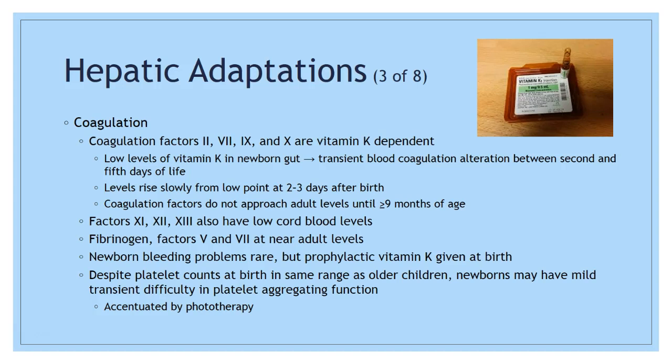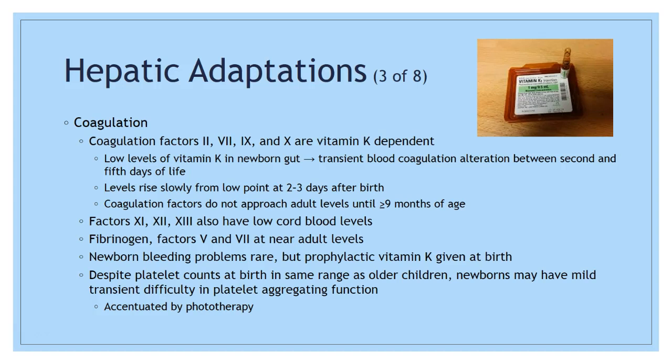The biggest thing to understand is that vitamin K levels in a newborn are very low, and clotting factors depend on vitamin K. So if the newborn doesn't have any, then they have trouble clotting. So we give it to them at birth, and then they'll develop it after time.